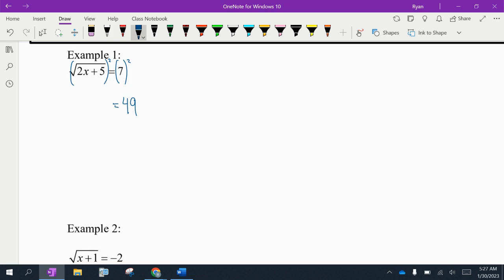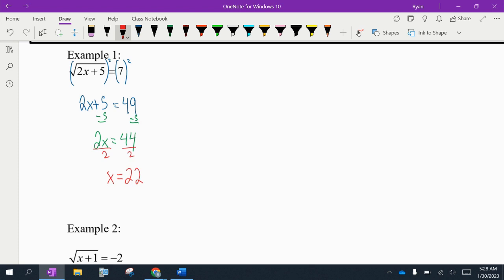So that's the benefit of squaring this side, when you take this times itself, it becomes plain old regular 2x plus 5. The next step is to solve the algebra, so I would subtract 5 from both sides. 2x equals 44, great. Divide both sides by 2, and I get x equals 22.